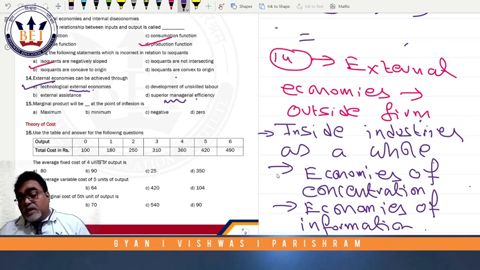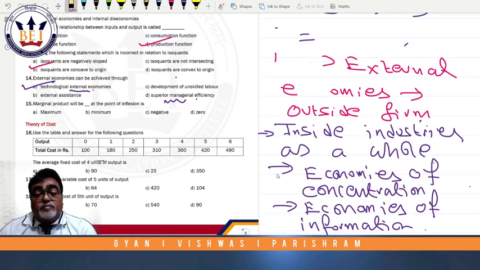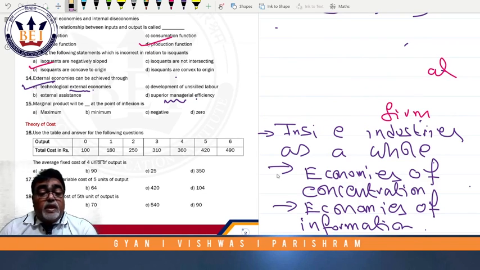I repeat, external economies or economies of scale means average cost keeps on diminishing. What does it imply? As average cost keeps on diminishing, obviously factors are efficient, and here it is technological external economies. Why should other options not be chosen?